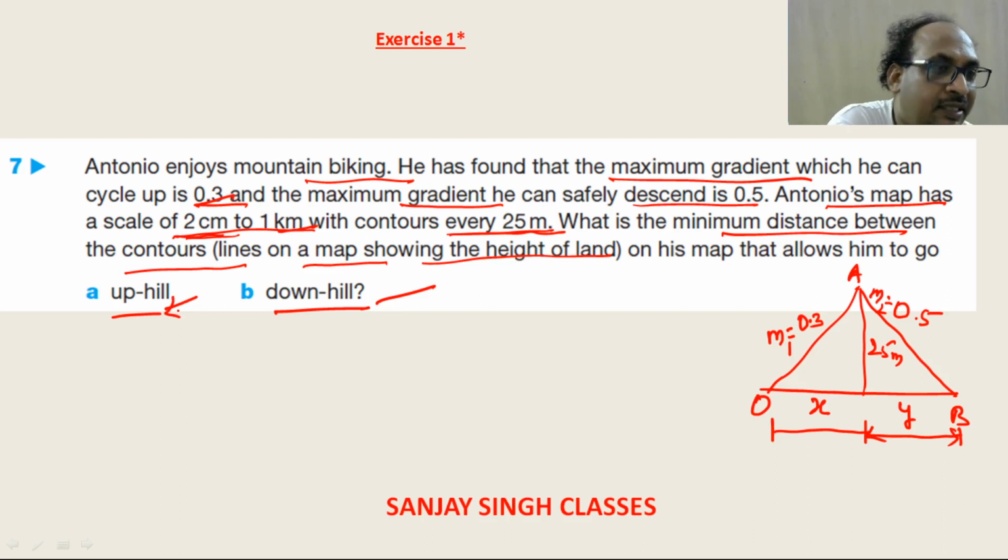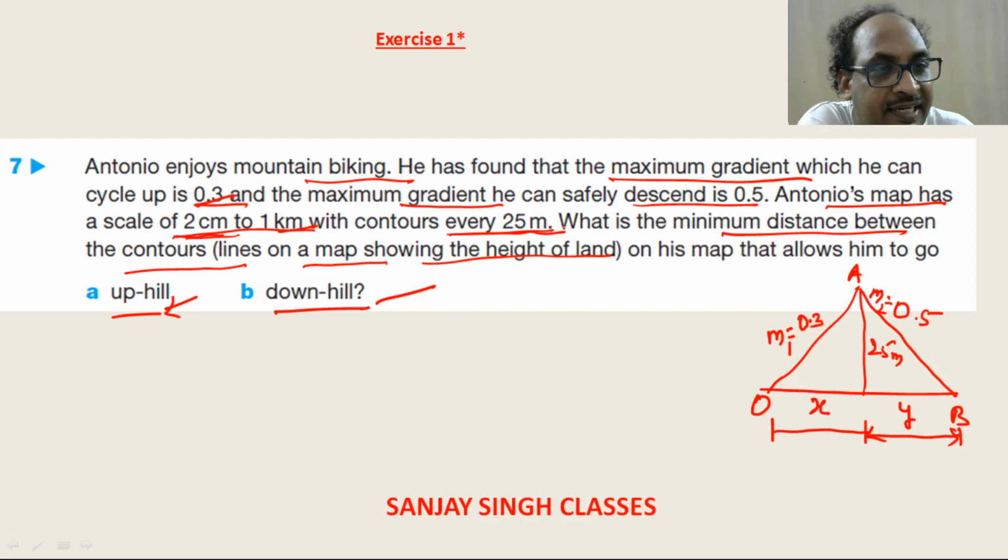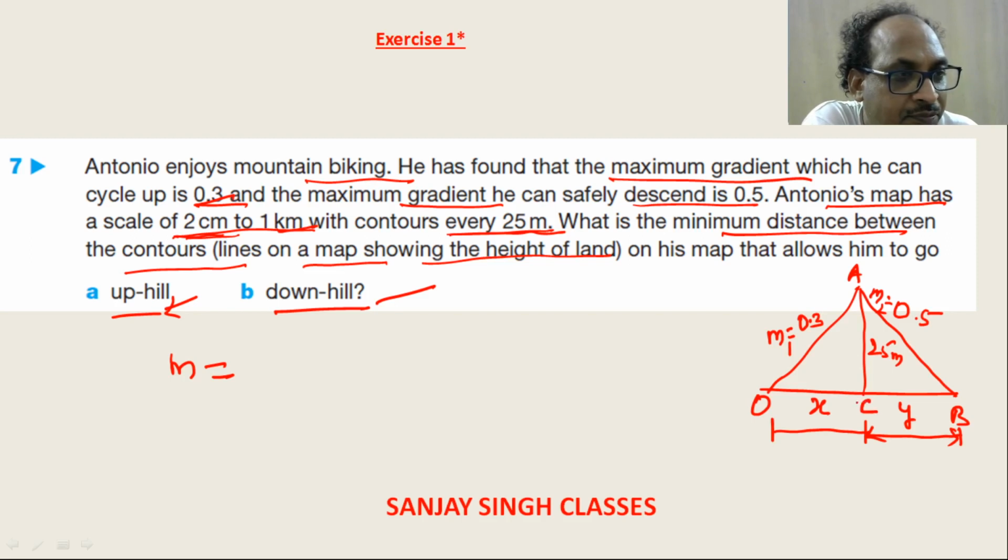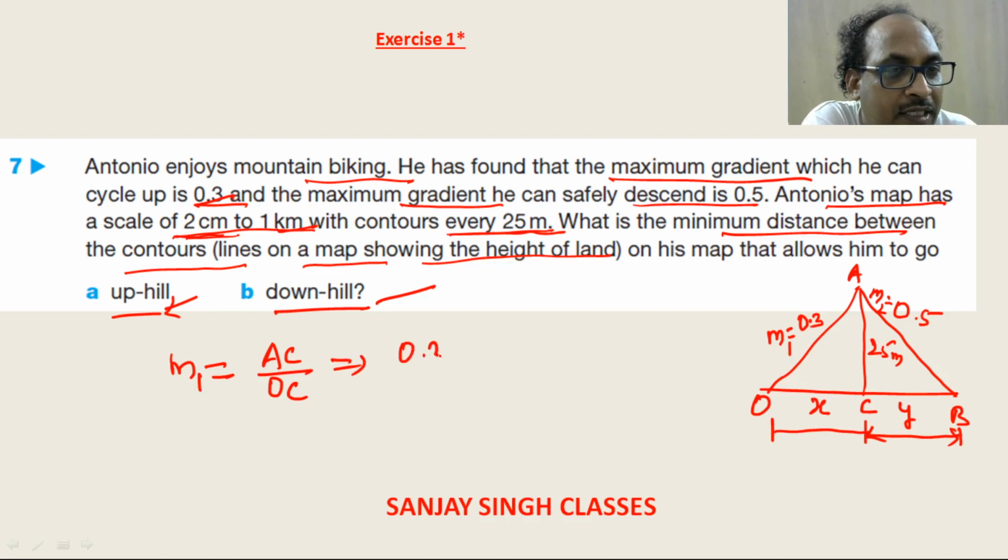Now utilizing the concept of gradient, as I told you, the first one m will be equal to, so the height, suppose this point is C, so it is AC by OC. M1 already given to us, so it is 0.3.